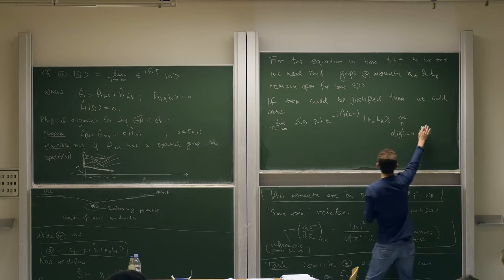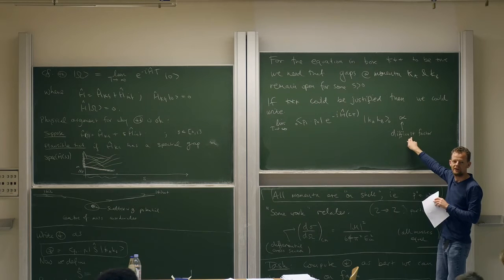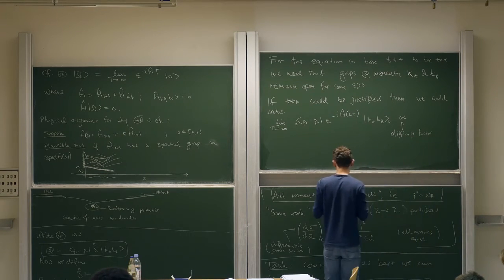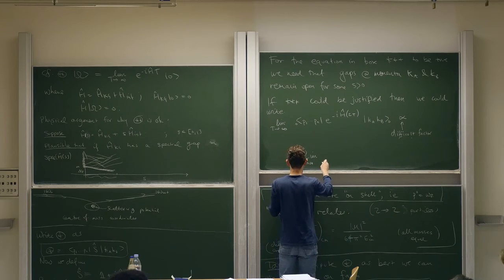So this would be proportional, and I write here difficult factor because it's difficult. It would be proportional to a quantity that we could use in actual diagram computations.